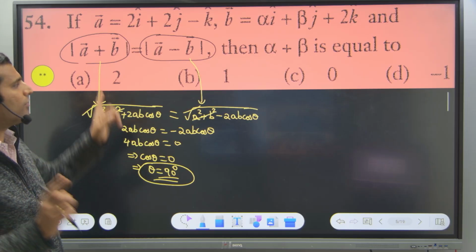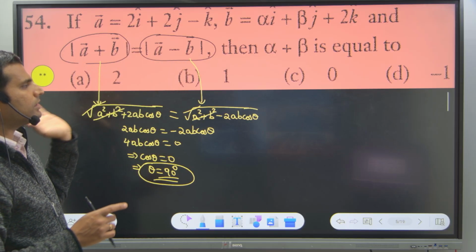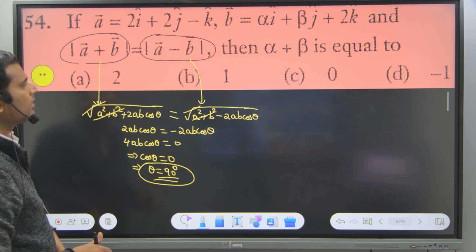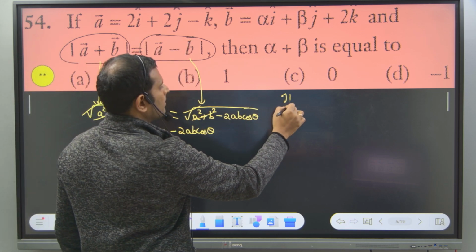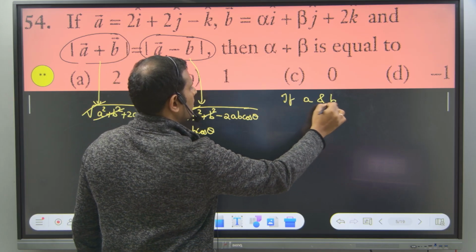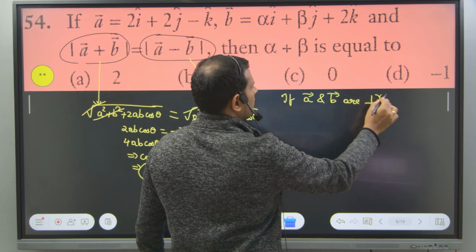So don't forget it: mod of a plus b equal to mod of a minus b means theta is 90 degrees.